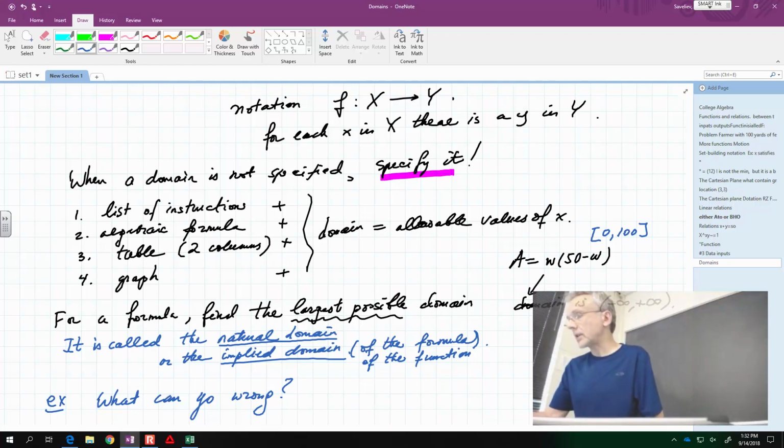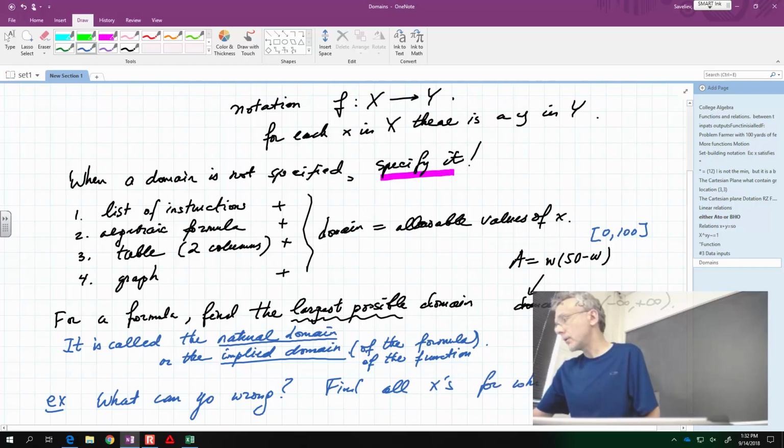Well, what does it mean? It means find all x's for which the formula makes sense. So that's the largest one.